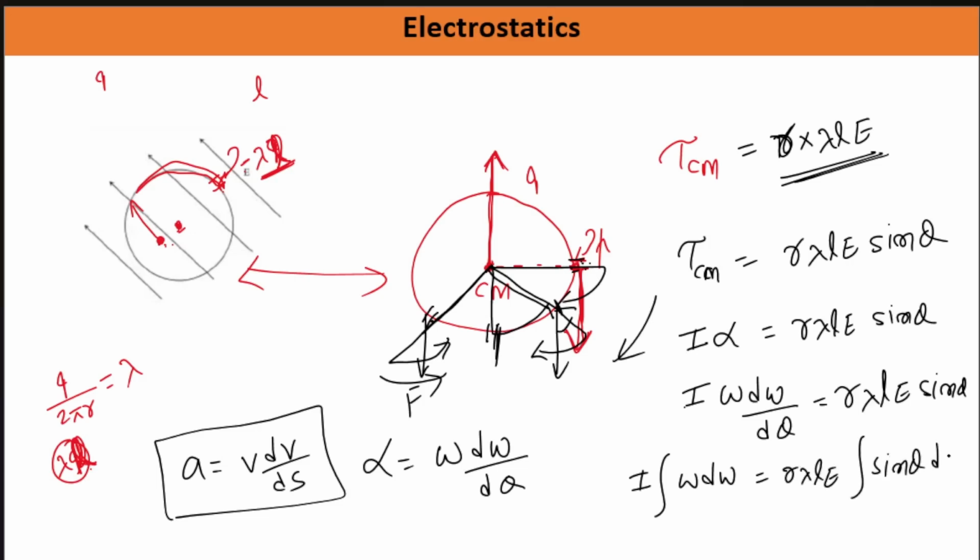Sine theta d theta. Theta will vary from where to where? Here it is 90, so go from 90 to 0. Okay? So it is like this. Now if you calculate it, how much value are you going to get?